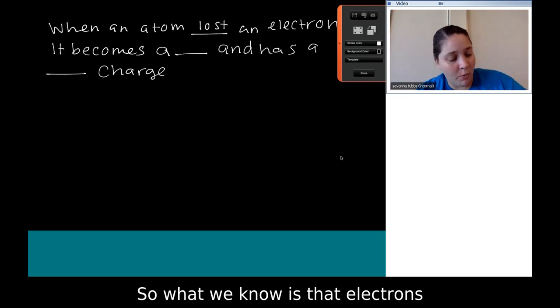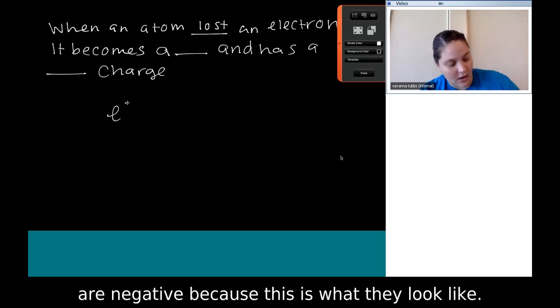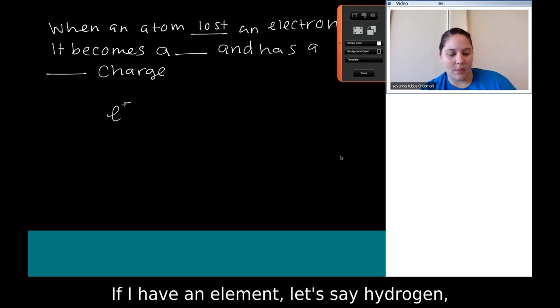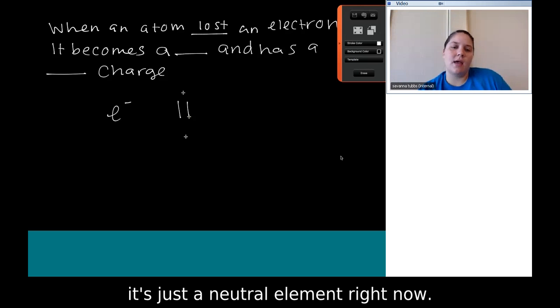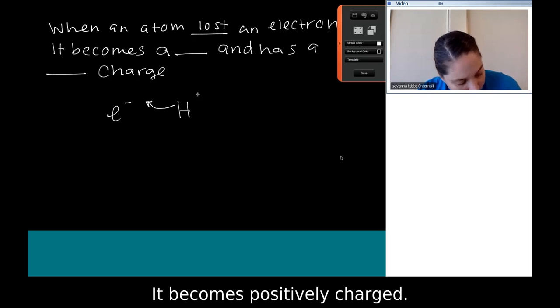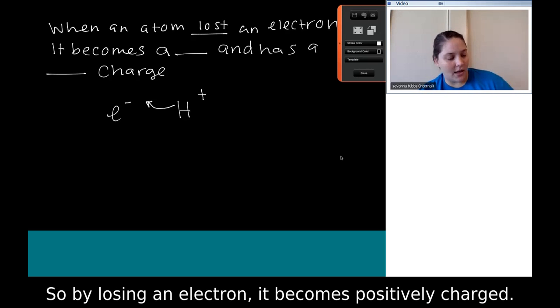What we know is that electrons are negative, because this is kind of what they look like. If I have an element, let's say hydrogen, it's just a neutral element right now, and I'm going to take one away. So I'm taking my electron away. It becomes positively charged. By losing an electron, it becomes positively charged.